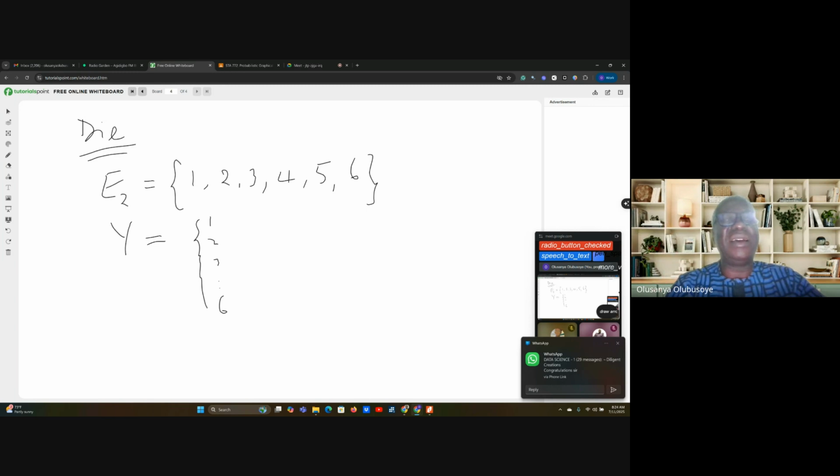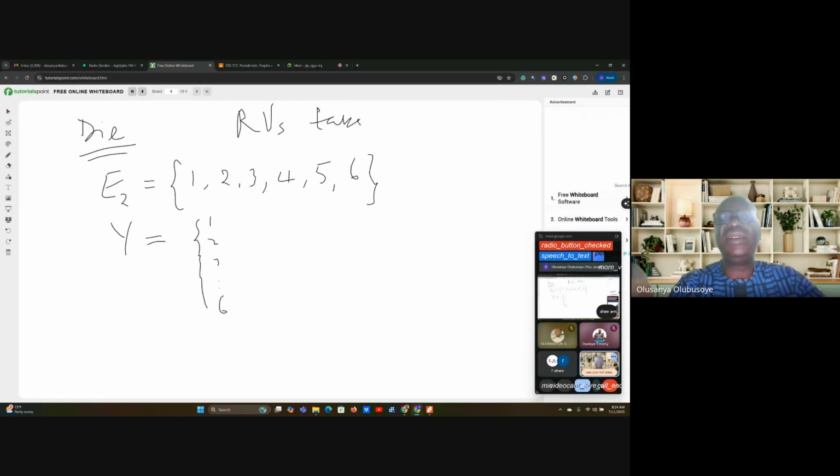So random variables take different values. It is a random variable simply because it's not taking only one value. It could take 2 or more values.